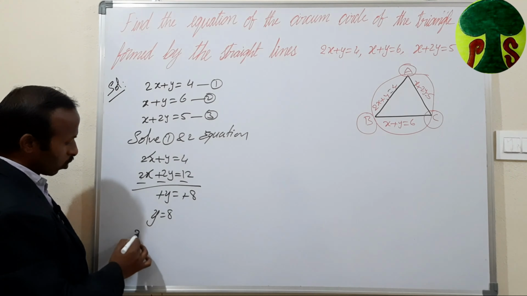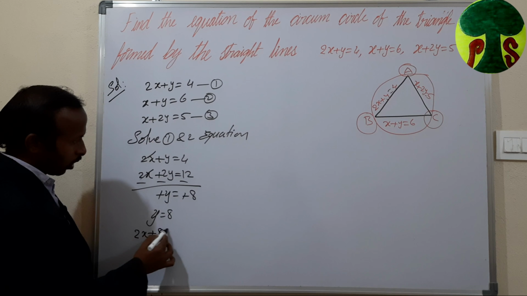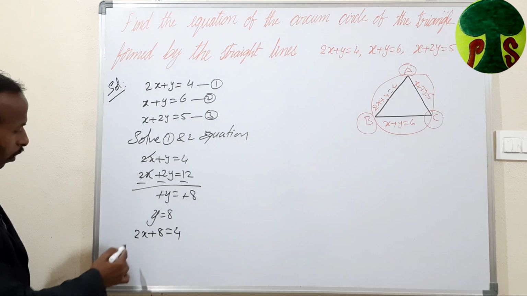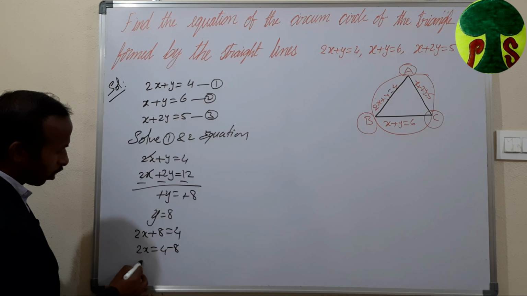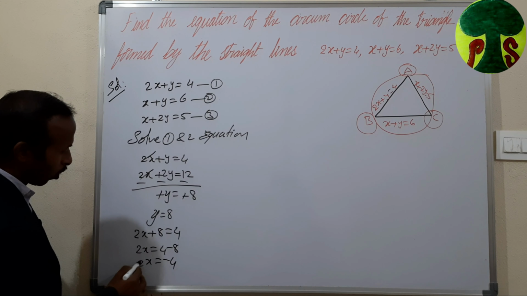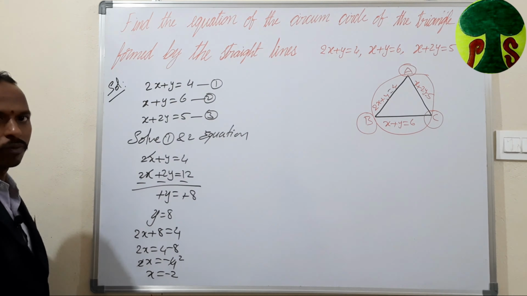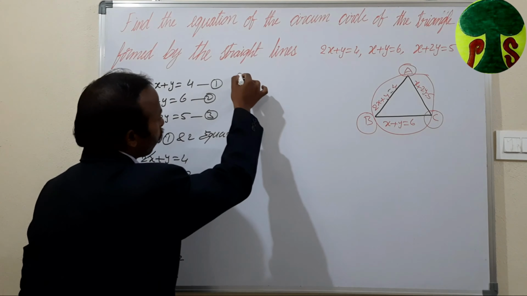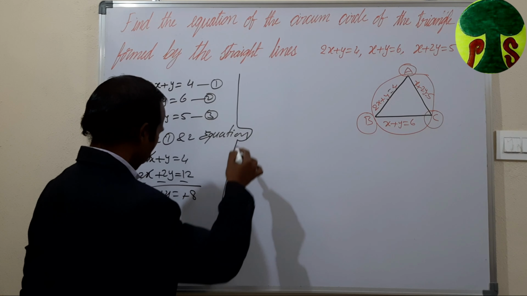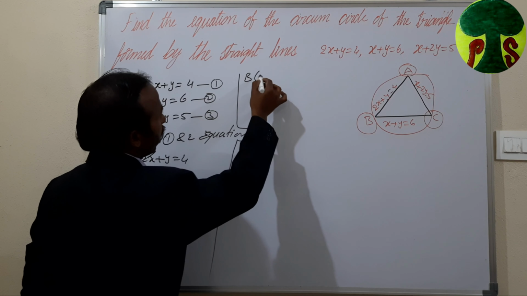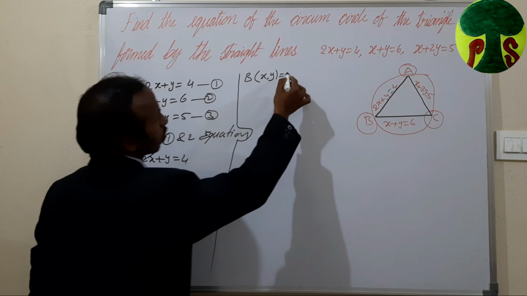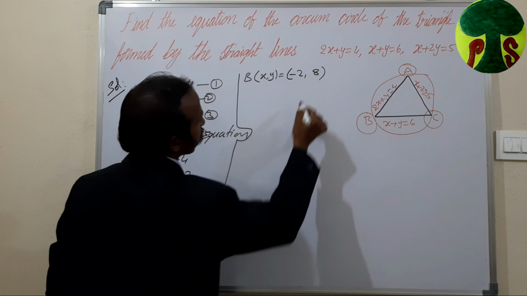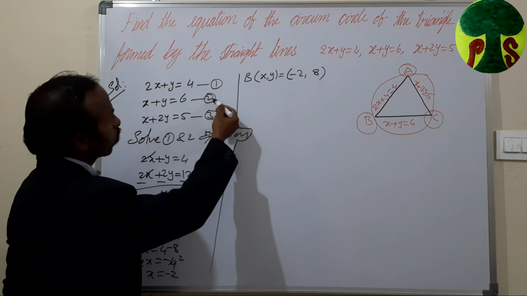So 2x plus 8 equal to 4, 2x equals 4 minus 8, that is 2x equals minus 4, so finally x equal to minus 2. The vertex B is (x, y) equal to minus 2 comma 8.